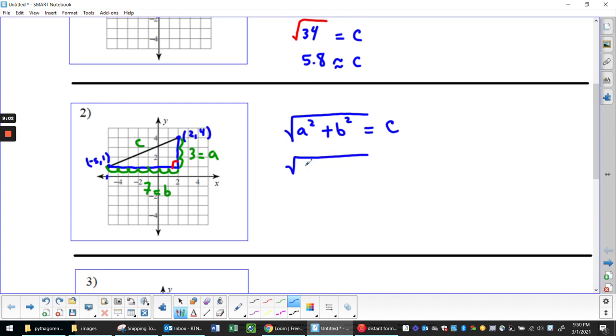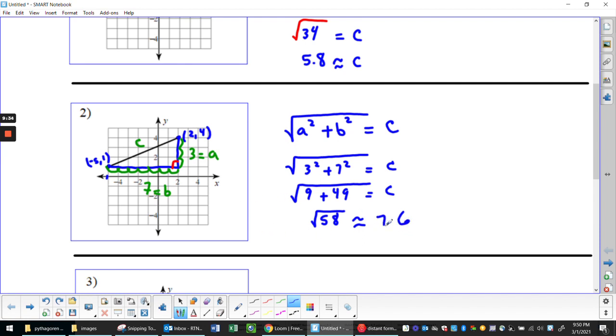Square root of 3 squared plus 7 squared is equal to C. That's 9 plus 49. The square root of 58, and that's going to be approximately 7.6.